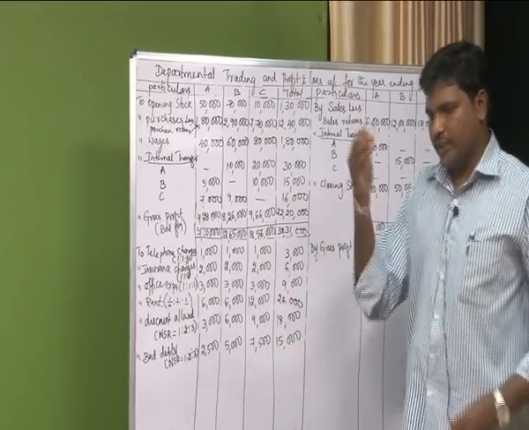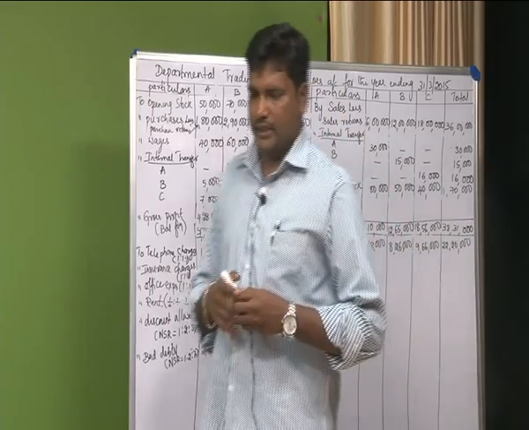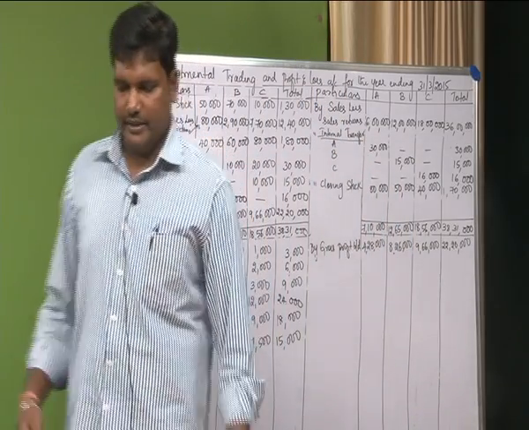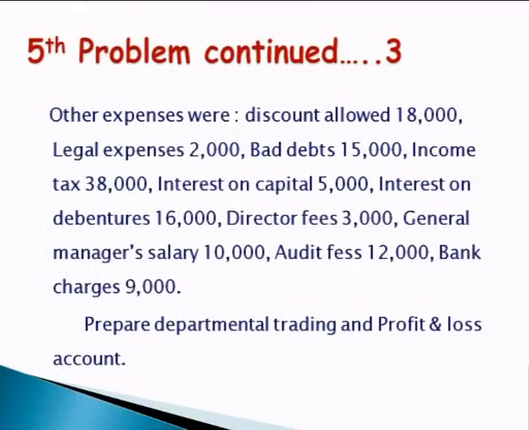See, we have other expenses. Which ones are there? We will see the slide in the problem. Discount allowed 18,000 we have allocated in net sales ratio. Bad debts 15,000 we have allocated in net sales ratio. Legal expenses we cannot allocate because it is a management expense. Income tax cannot be allocated unless the income of the company is given.